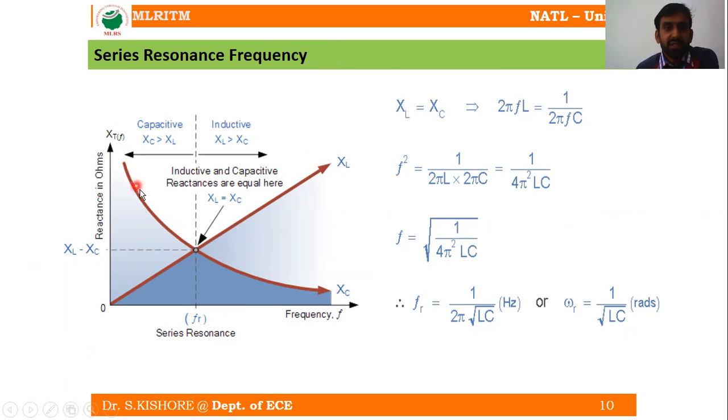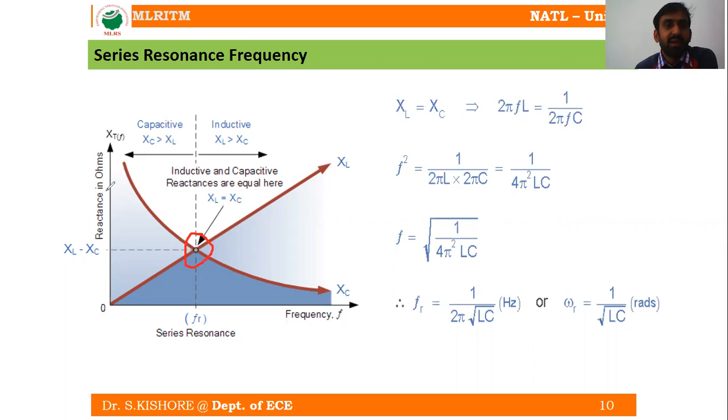In the initial slide, in the definition, we said that when the admittances cancel each other, that particular frequency is your resonant frequency. You can see here, where the inductive reactance and the capacitive reactance responses meet, that is where XL minus XC is zero. This point is your resonant frequency point.